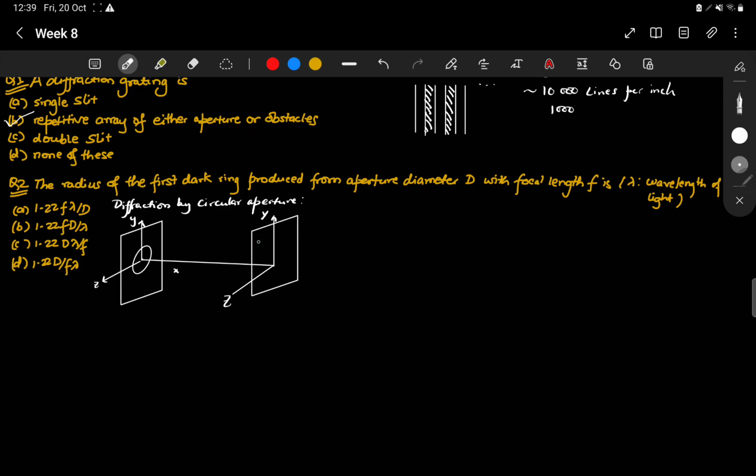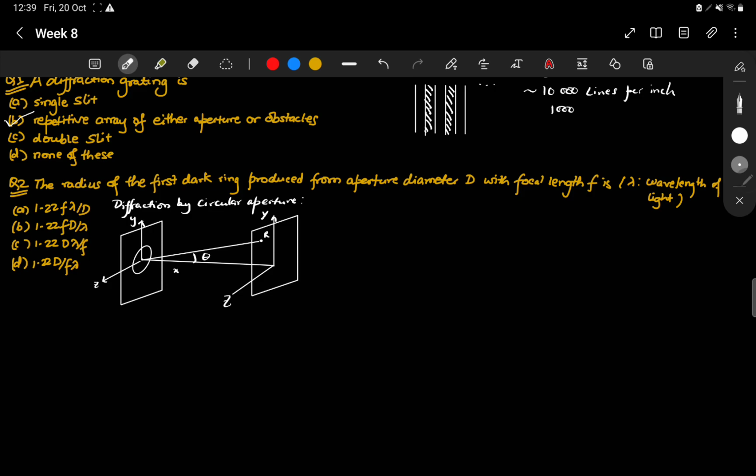And I'm looking at some point R on the screen, which makes an angle theta from the horizontal. Okay, so this is the setup.